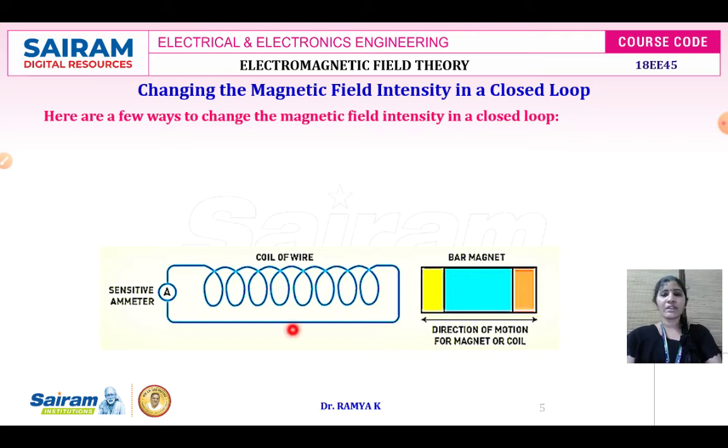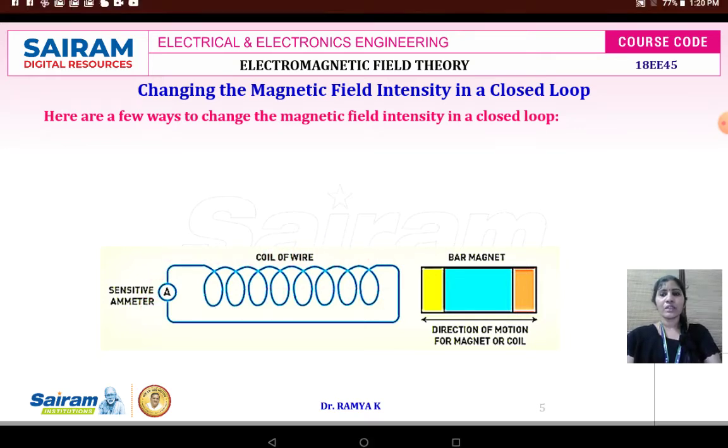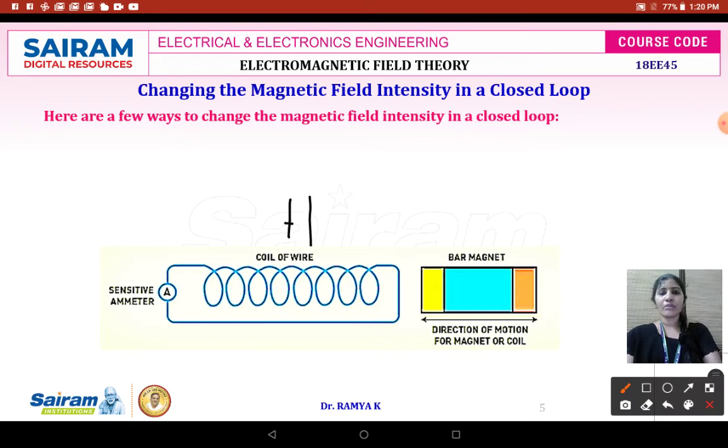We can conduct an experiment where you have a current coil of wire. When you pass a current through this coil of wire, then it stores energy in the form of magnetic field, which is given as H = Ni/L. N is the number of turns in the coil, I is the current passing through the coil, and L is the length of the conductor.